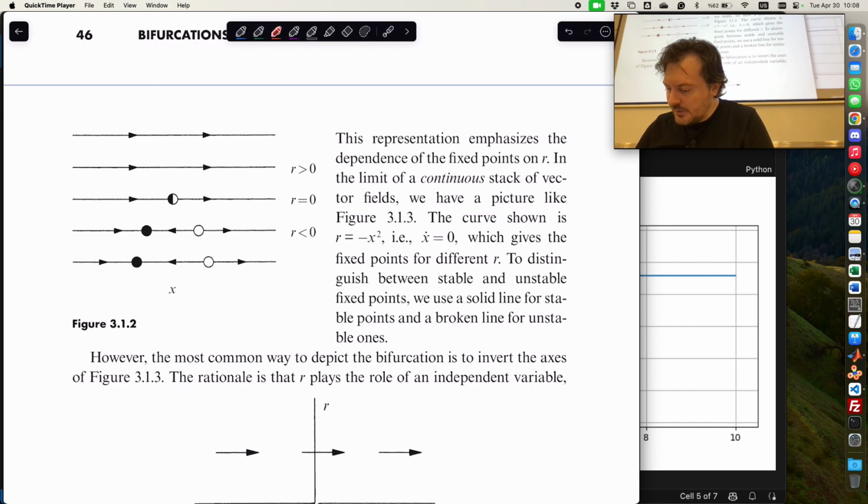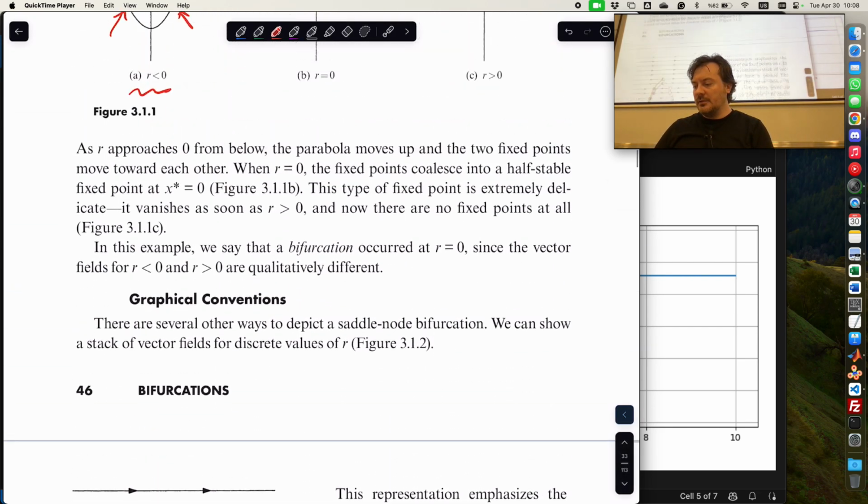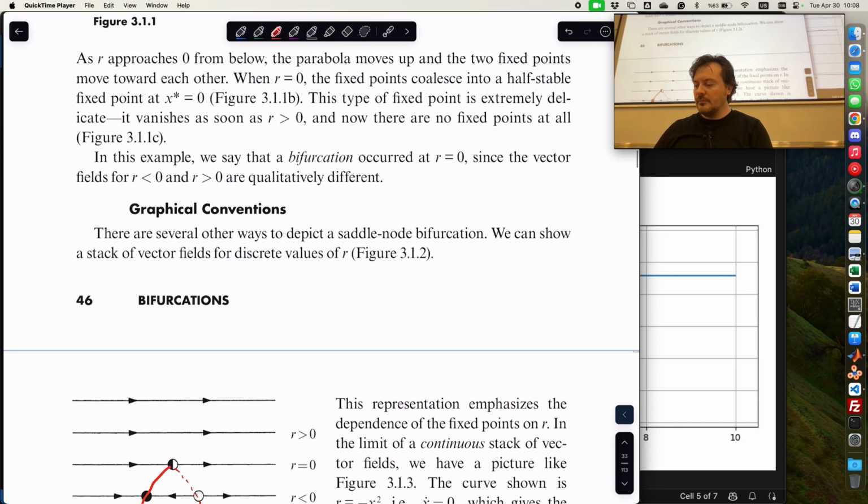Usually stable points are shown by solid lines, and unstable are shown by dashed lines. Okay? Do you remember bifurcation in Feigenbaum? That's what's happening here.